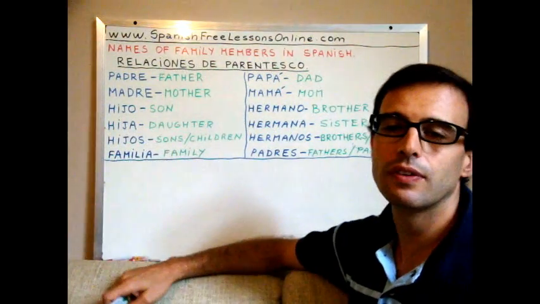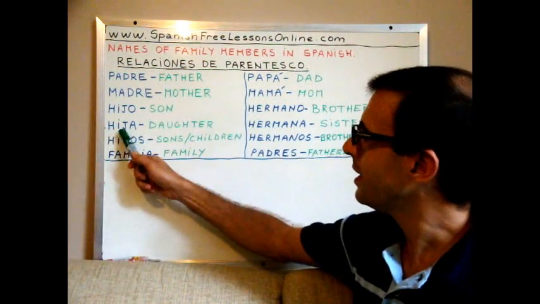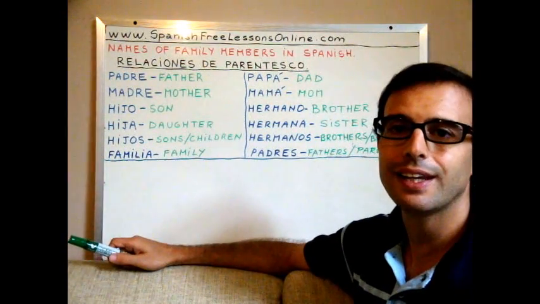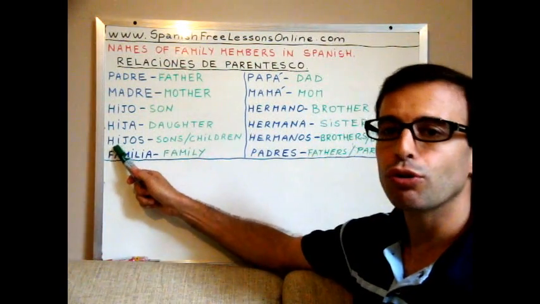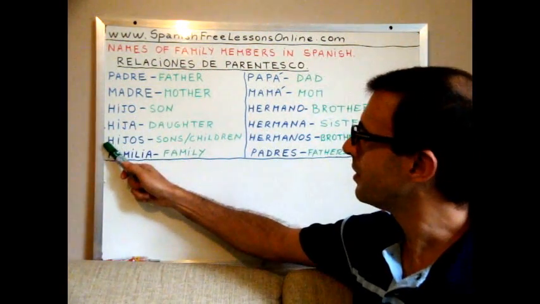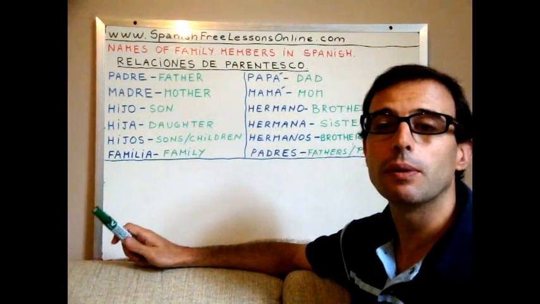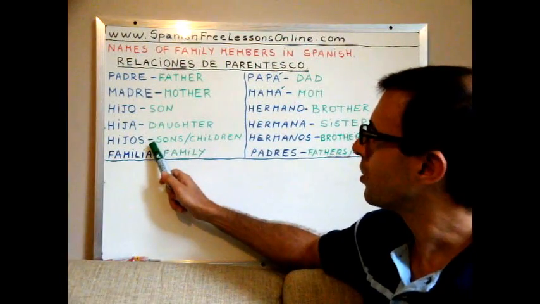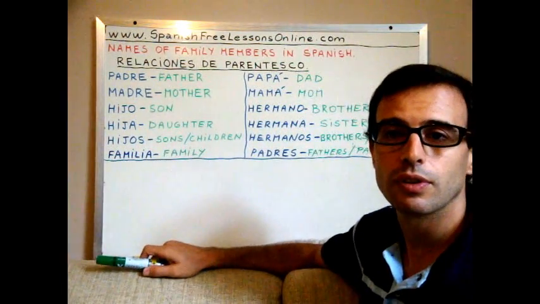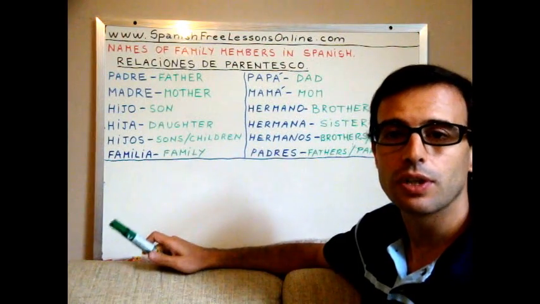Hijo is son, hijo, and daughter would be hija, hija. Then the word hijos means two things. It means the plural of hijo, right? So it would mean sons, in plural, and it also means children, right?